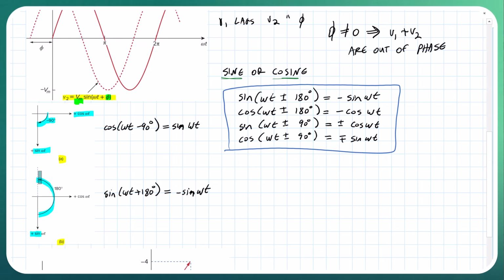Counterclockwise is going to be considered positive, and that's going to give us minus sine omega t. One thing to note about this graphical approach is the convention: the y-axis is going to be our sine, with up being positive sine, and the x-axis is going to be our cosine, with to the right being positive.